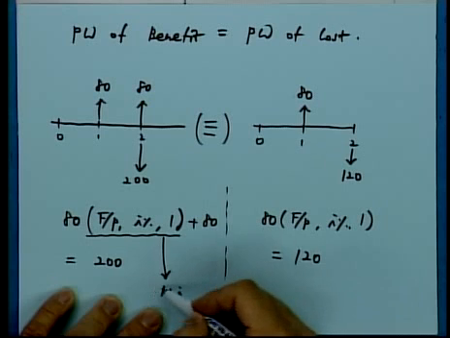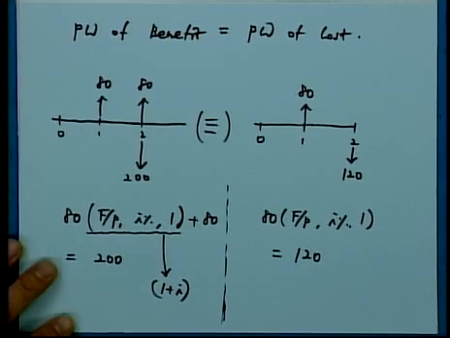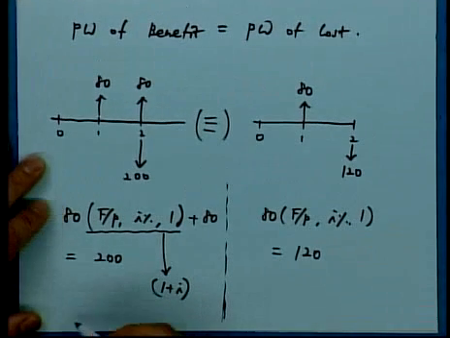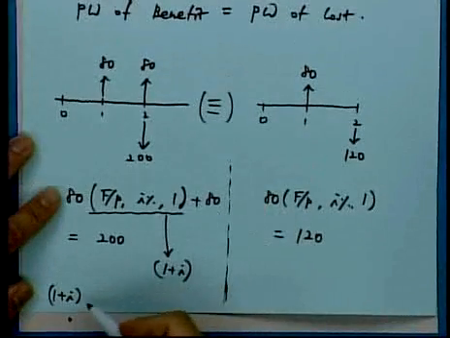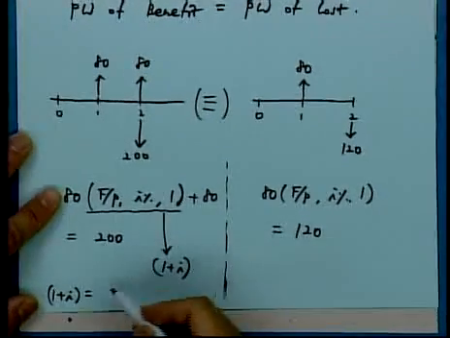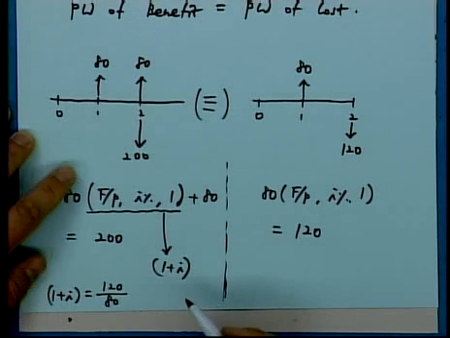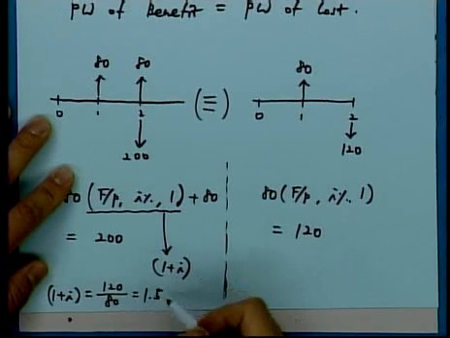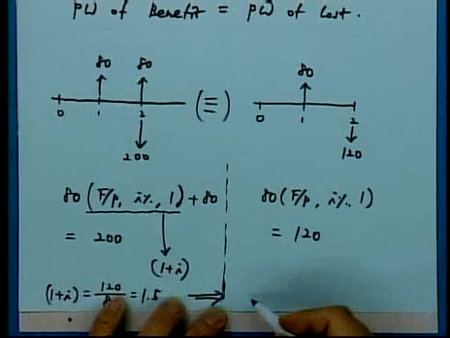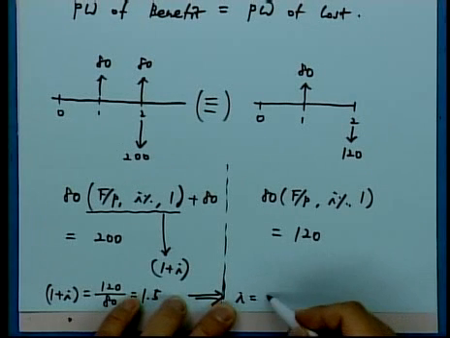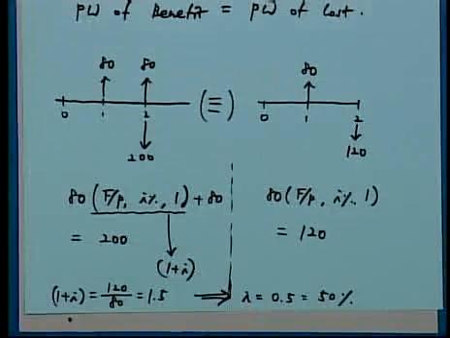That is 1 plus I. So here 1 plus I is equal to 120 over 80, which is 1.5. So in this case I would be 0.5, which is 50%.